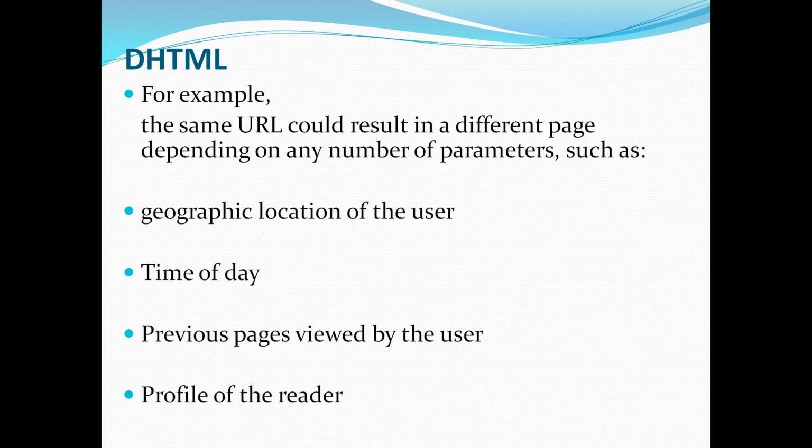the geographic location of the user. If you use one same URL, the data can change based on the location. For example, if you're going to use a site, it also accesses your geographic location.